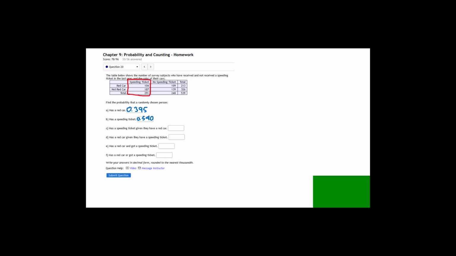And they're saying given they have a red car, so they're looking at the red car row here. I would interpret this as 104 divided by 291, which gives me 0.357.